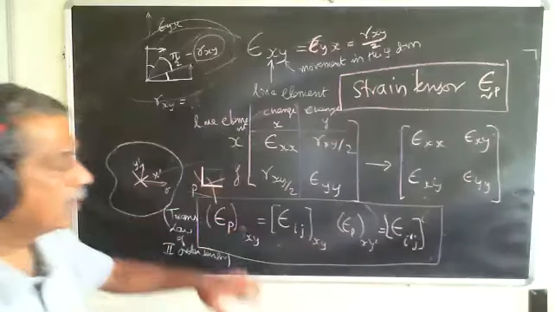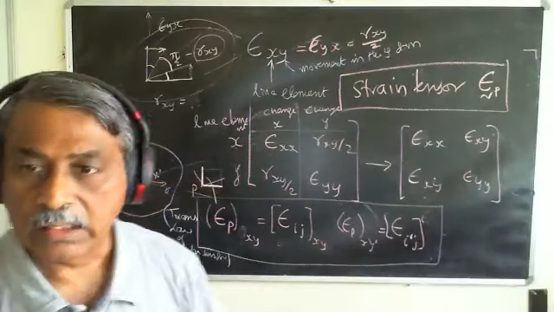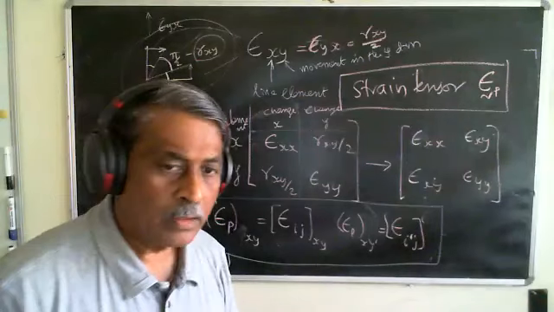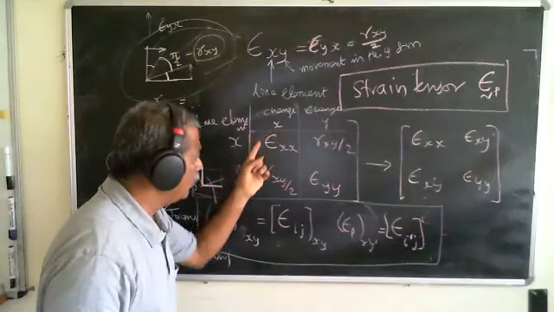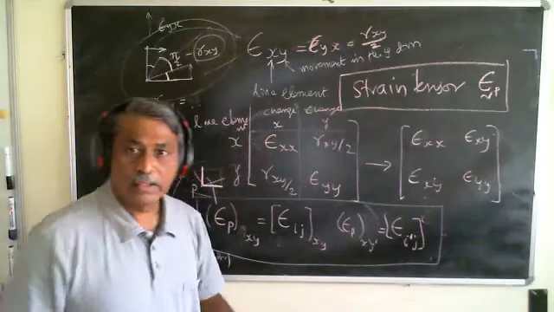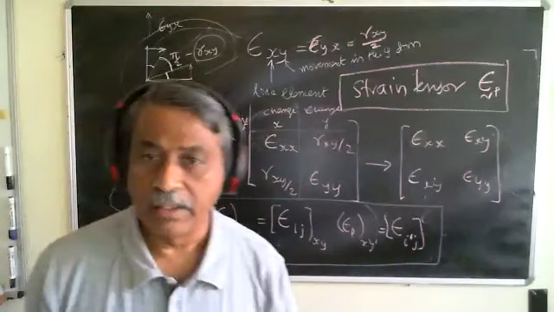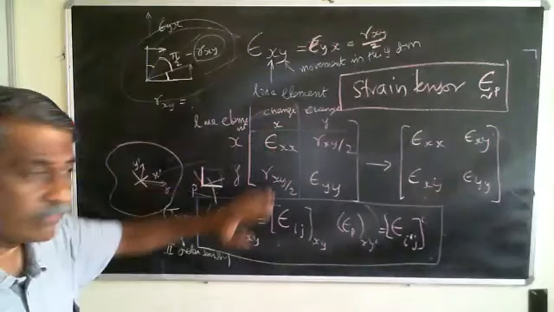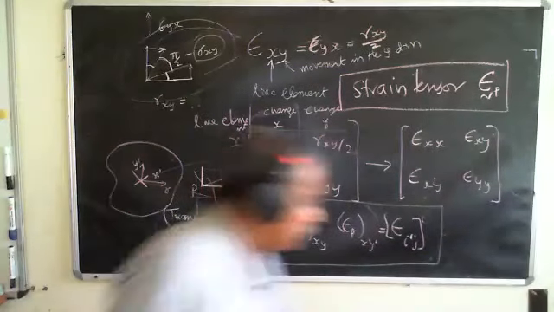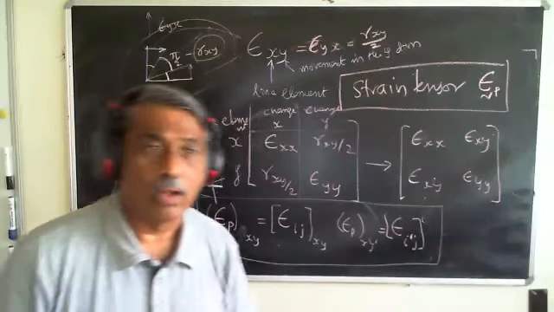This is what we learned in the last class. But we have no idea of what is the value of this epsilon XX given the change in the length. Okay, so that's the next exercise that we are going to do. If you have questions, you have to ask me now.